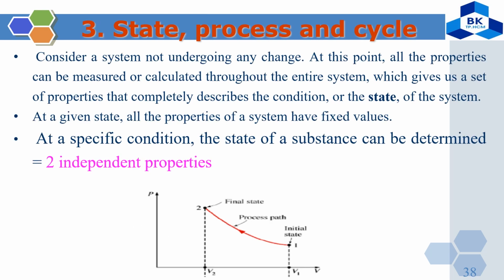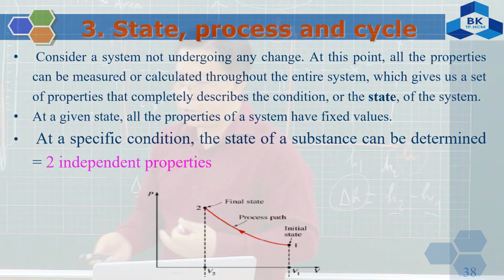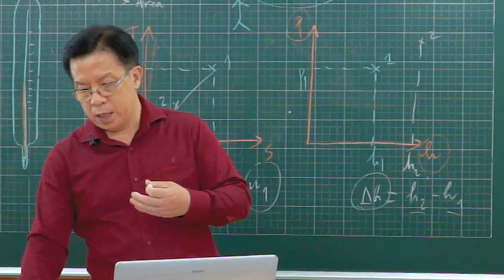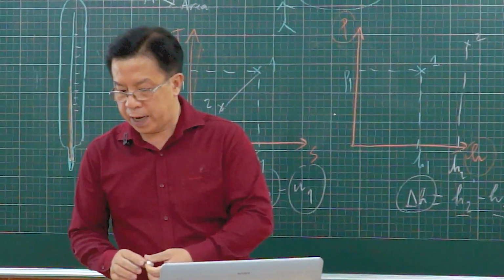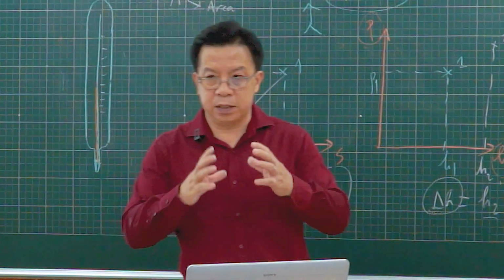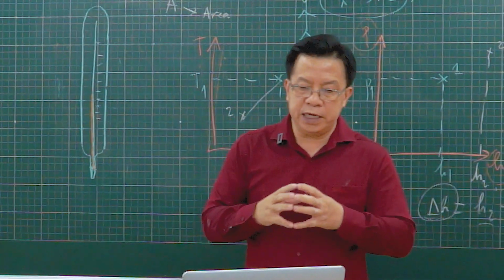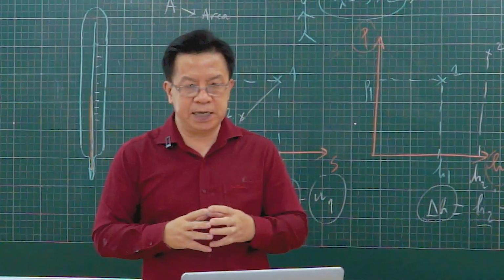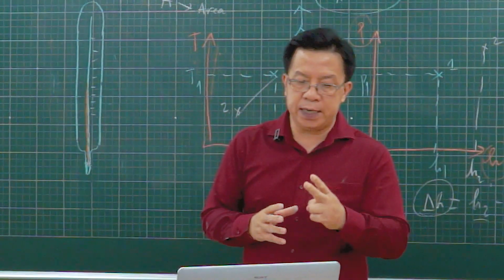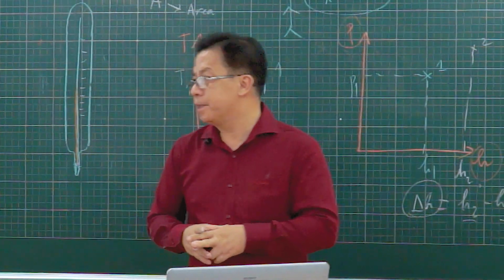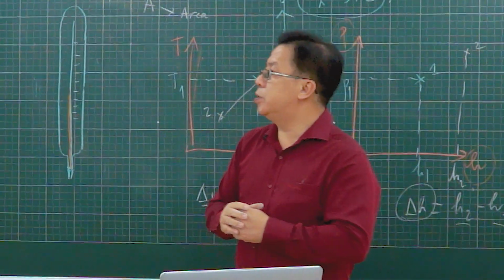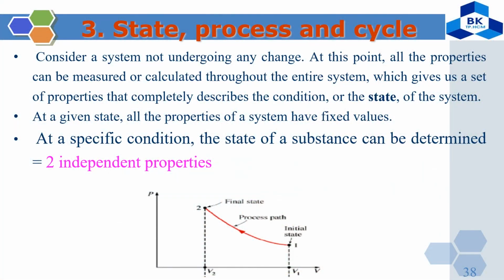Okay, that's the properties. So again, we have 6 independent properties, and in order to determine one state of the substance, we need 2 independent properties. Okay. So now we go to consider a system not going to change.